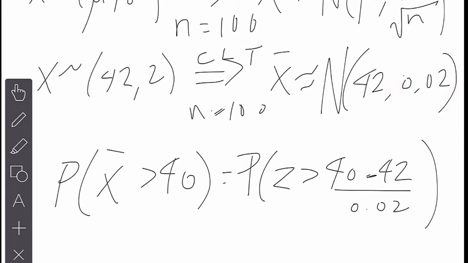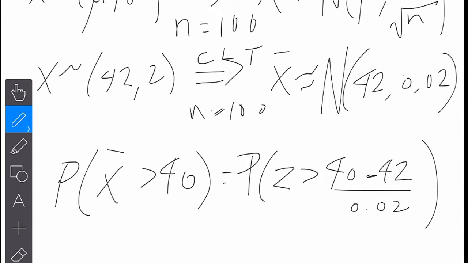This makes the number of deviations from the mean much higher when you divide by such a small number. So 40 minus 42 is negative 2, and then divided by 0.02 is negative 100.